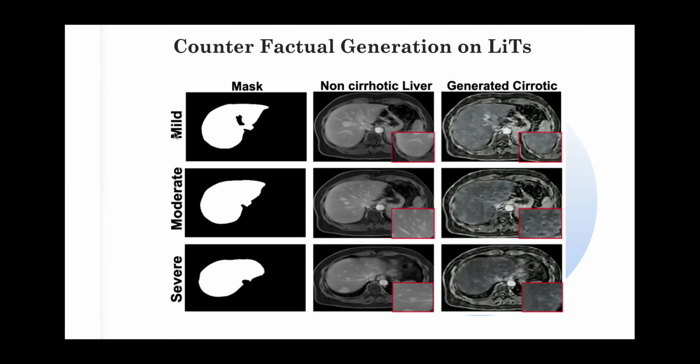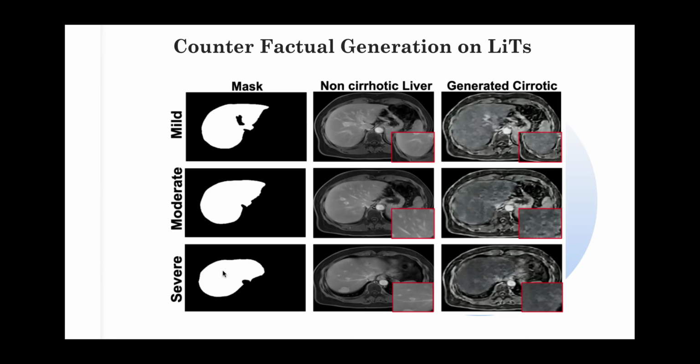We can control the nodularity of the generation with the text prompt, by giving the condition as mild, moderate, or severe. So we can just write generate cirrhotic liver with the T2 MRI with the mild. So for this particular CT, it can convert CT into MRI internally itself, and it can generate the image up to severity level mild, moderate, or severe.